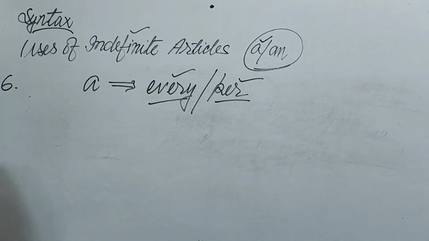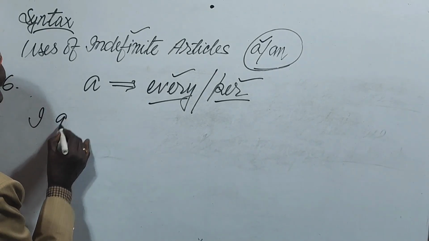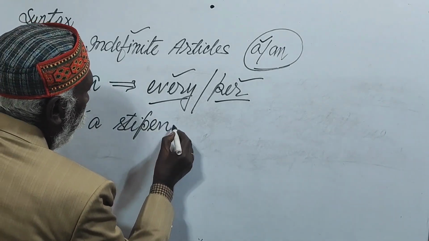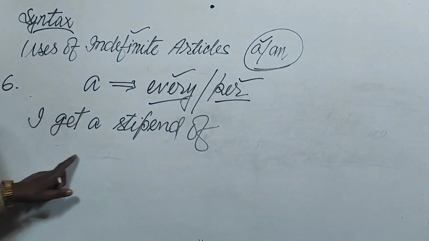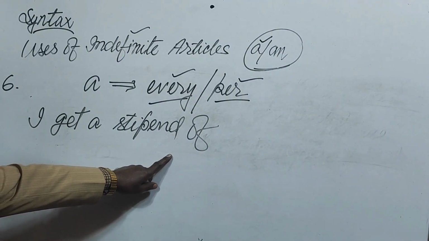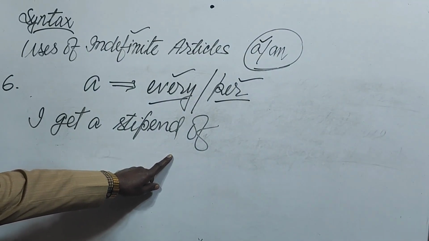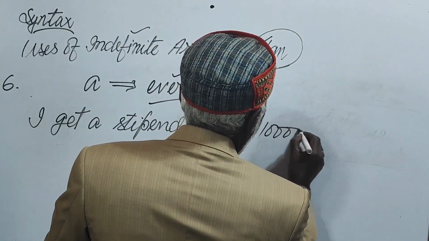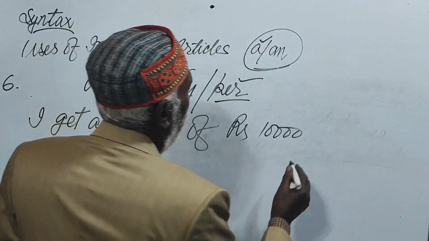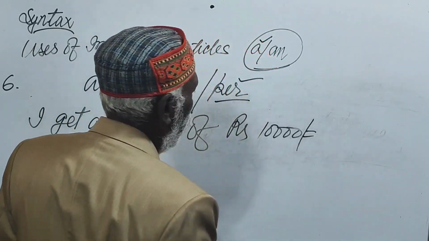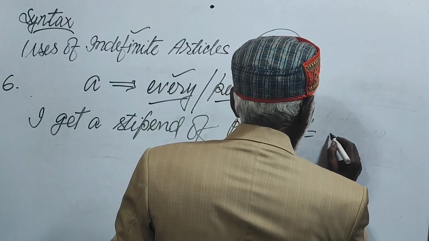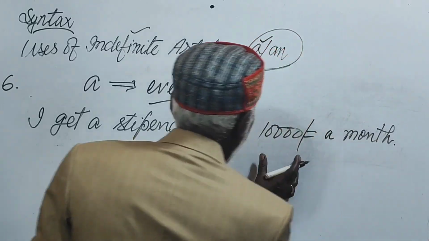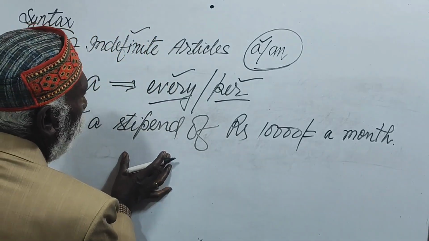देखिए, example here: I get a stipend of rupees 10,000 a month. प्रतिमाह मैं 10,000 का स्टाइपेंड पाता हूं भाई.